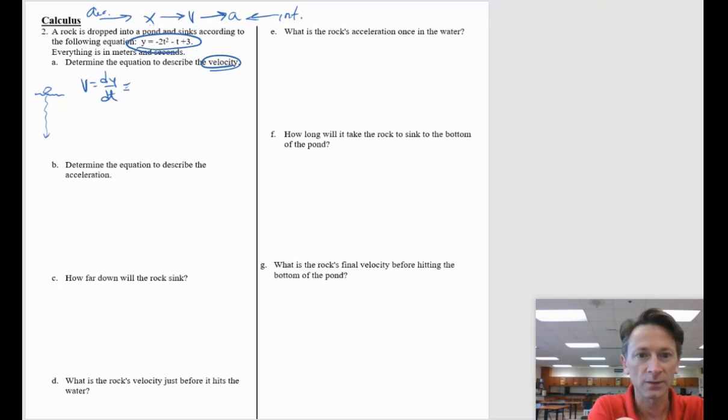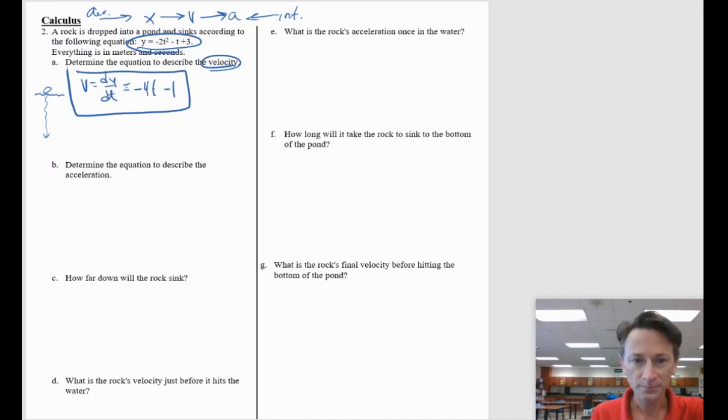Now, to take the derivative, we're going to multiply by the power. So I'm going to get a negative 4 in the front. I'm going to drop my power by 1, so it's going to become t to the 1. I'm going to multiply by the power, negative 1, drop my power to the 0, which means anything to the 0 is 1, so I just have a negative 1 there. And remember that the derivative of a constant is 0. So this is going to be our answer for the velocity equation.